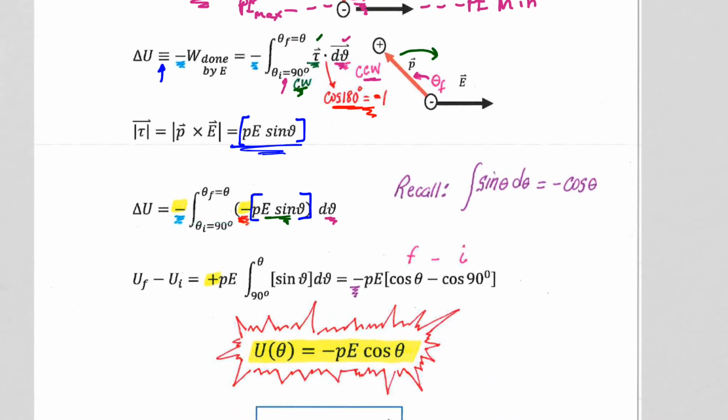All right, well, as it says here, recall that the integral of sine d theta is negative cosine theta. So just like in mechanics, we had that darn negative to track down. I have my two highlighted negatives here. The negative from the definition for delta U, which is negative the work done by the field. The negative from the cosine of 180, the -1.